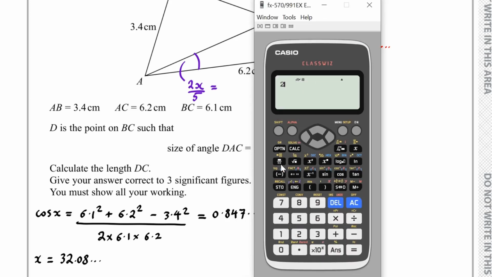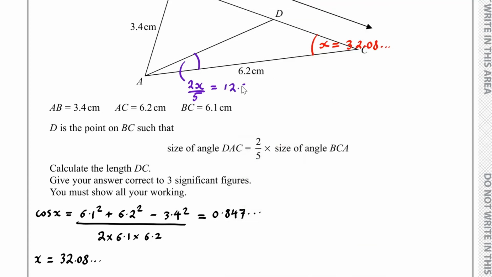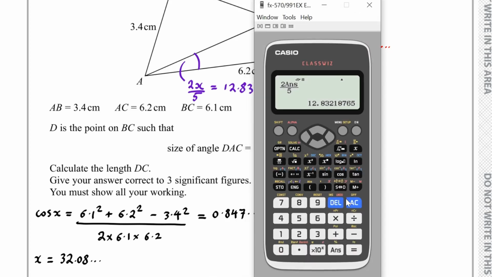So 2/5 of this, that's going to equal 12.83. Okay, so times by 5, divide by 2. So let's just store this into A. And if I do 2/5 of this, let's store this into B.